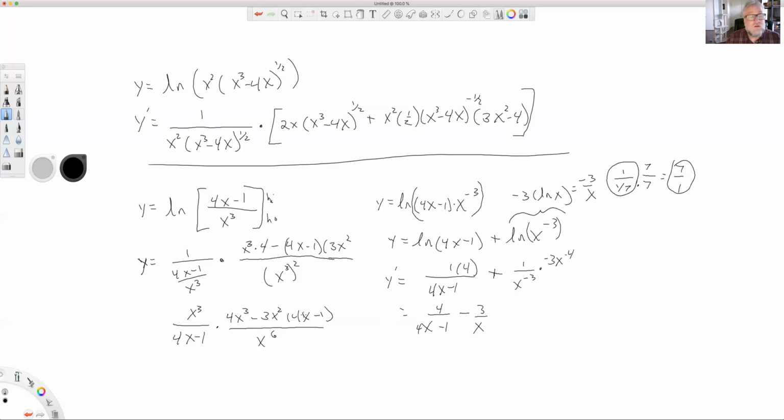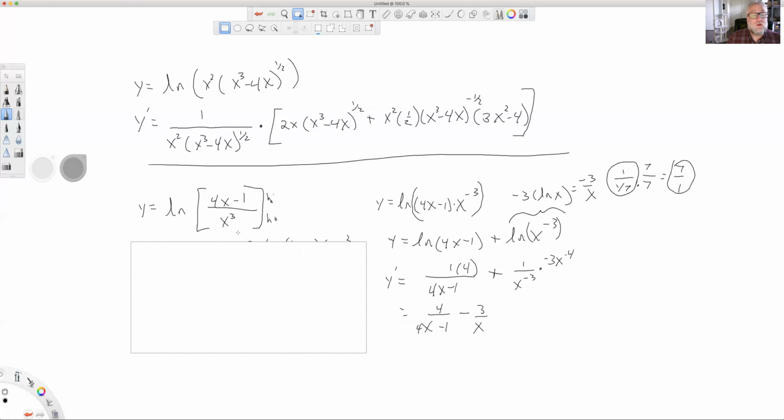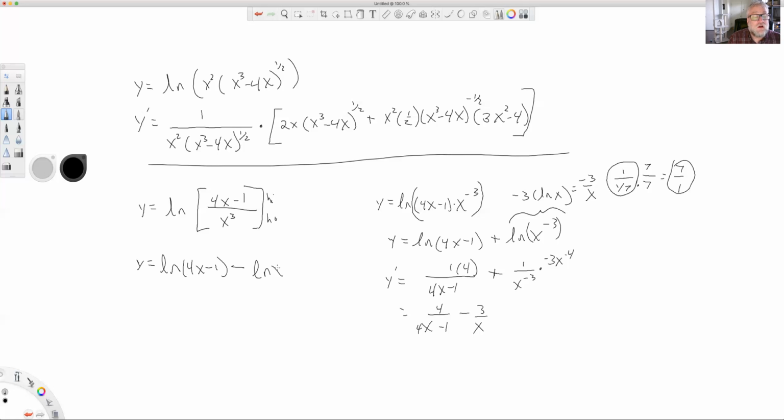So let me show you though. We could have written this as y equals natural log of 4x minus 1 minus natural log of x cubed.